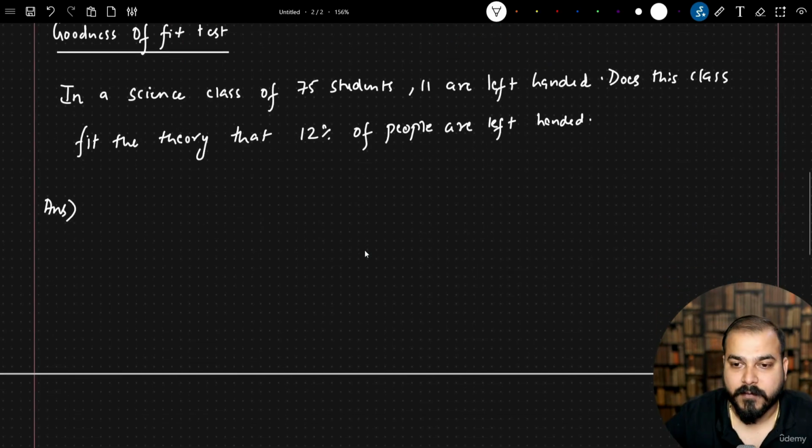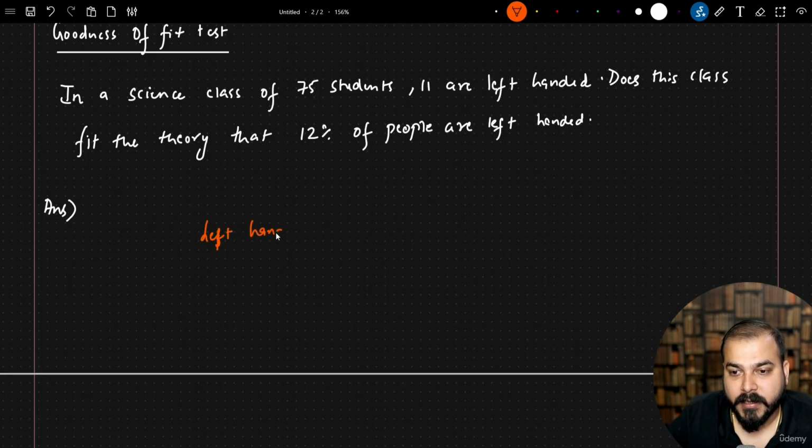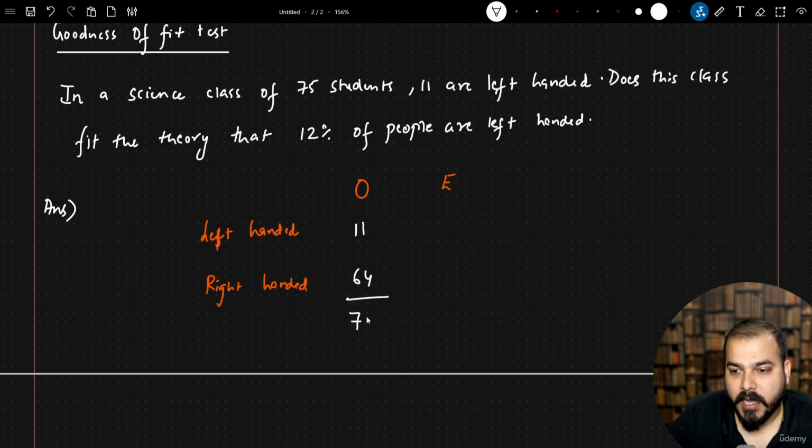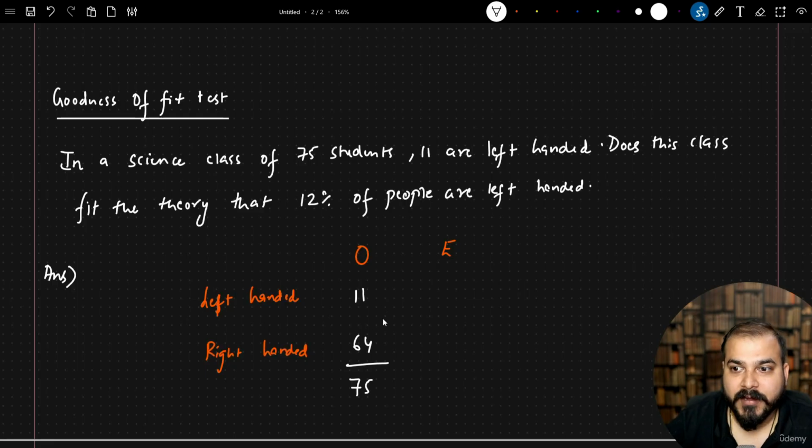The information I have is left-handed and right-handed, which are my two categories. Observed is 11 left-handed and the remaining 64 right-handed, a total of 75 people.